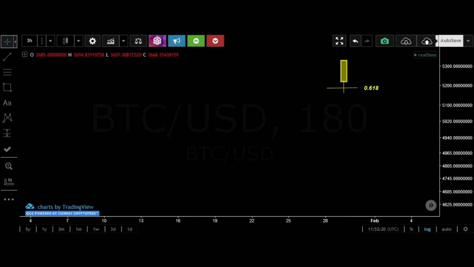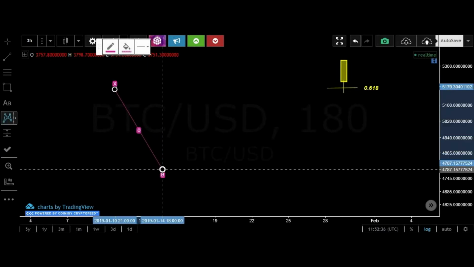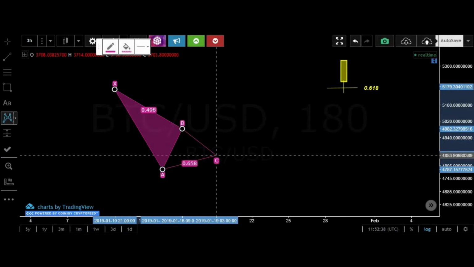So today, still on the same process which we use to calculate the bullish Gartley pattern, that's what we're going to use today. Like I said in the previous video, we were looking at a move like this.